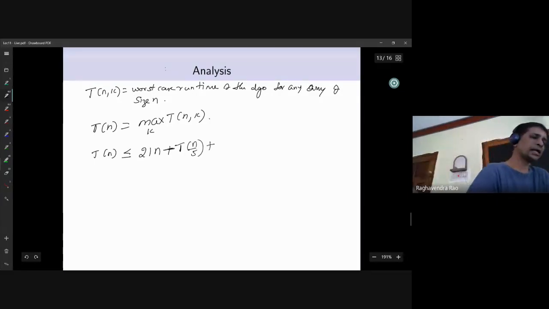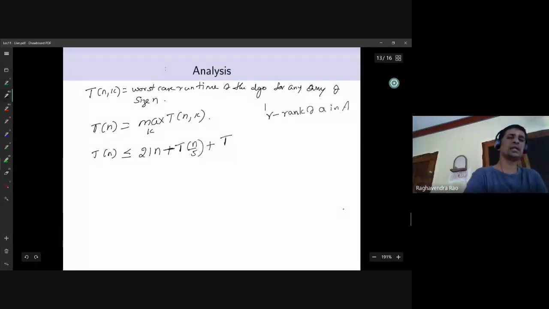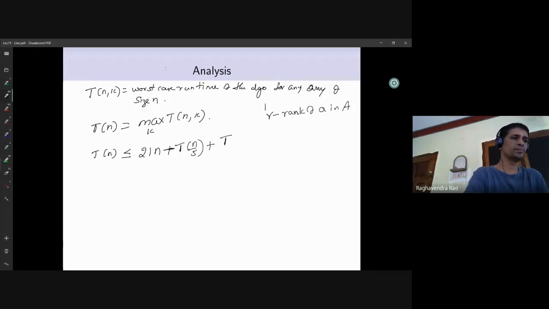Now the rest depends on k as well as the rank of the pivot. But what will be the bound? Say R is the rank of the pivot, the rank of A in A. Remember that A is the median of medians. So if R is the rank of the pivot, what will be the worst case value, irrespective of k?